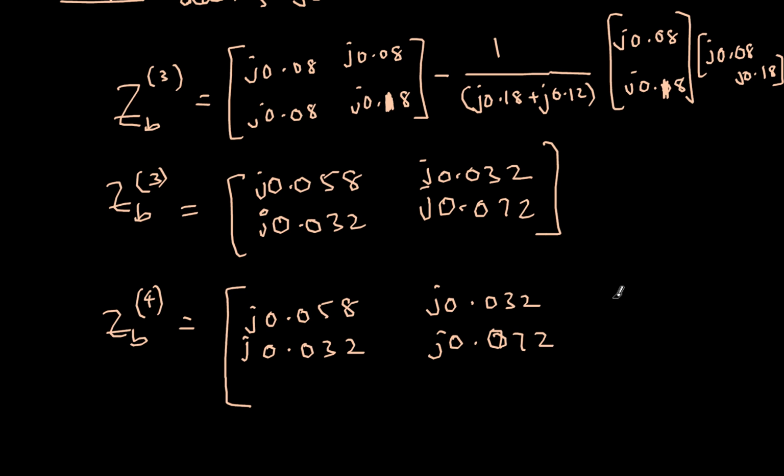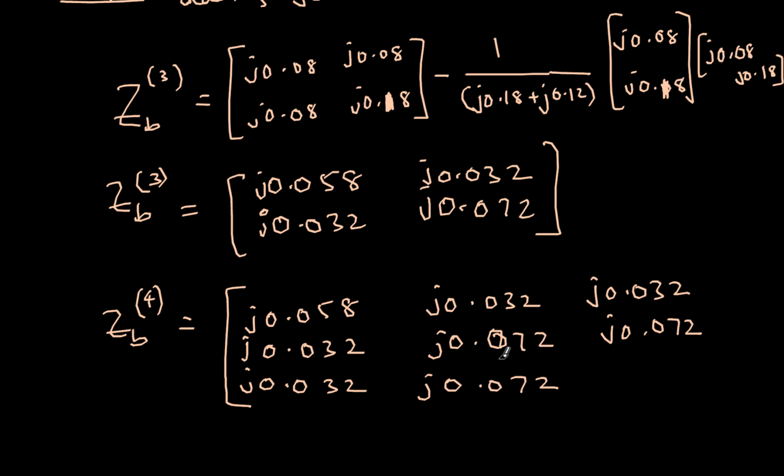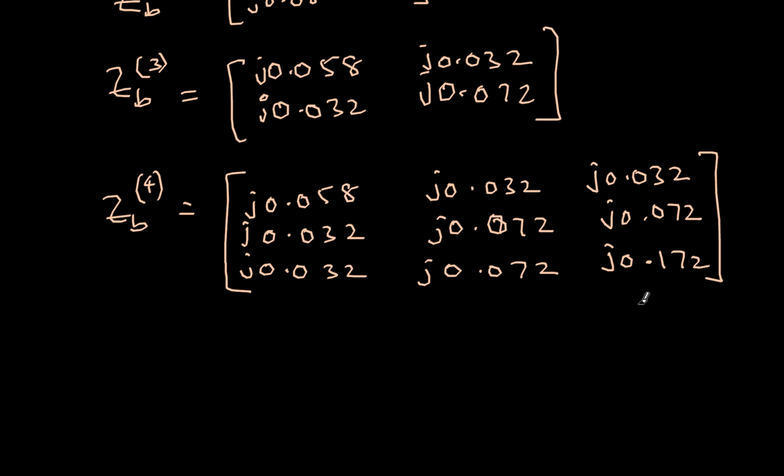Now to this I'll copy it here, J 0.032, J 0.072, and this row I'll copy it here, the second row. Then to this I'll add the 0.1, so I'll get 172. So hopefully this is my Z bus for the system.